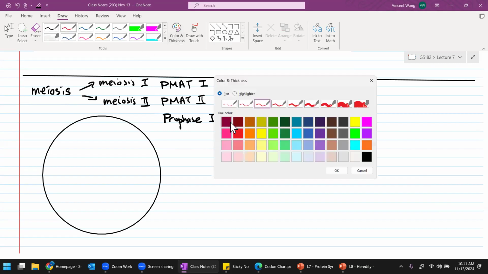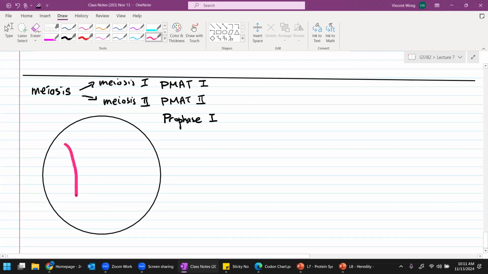Okay, so for prophase number 1, I'm just going to draw 2 chromosomes here. Okay, they are already duplicated, and that's where they're stuck together. And then over here, please use color, okay? Otherwise, it's not going to make sense.